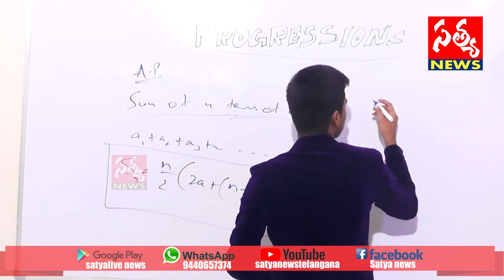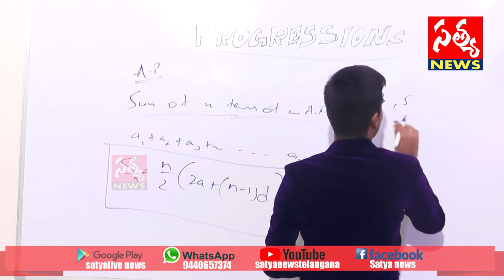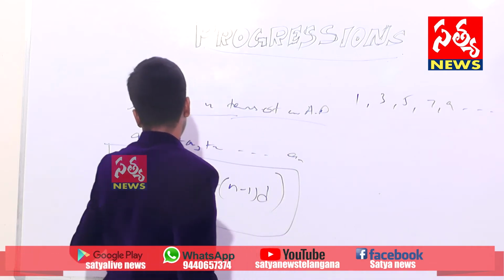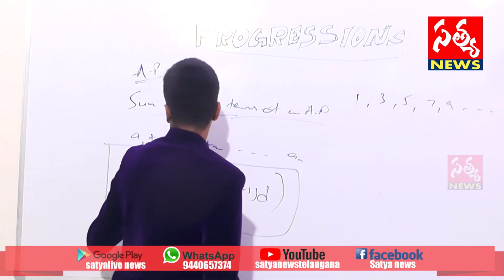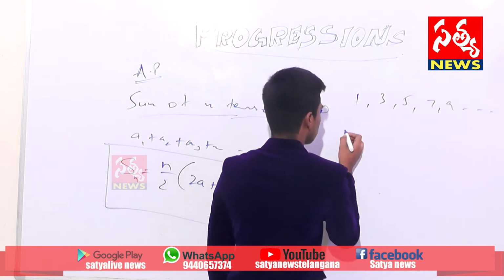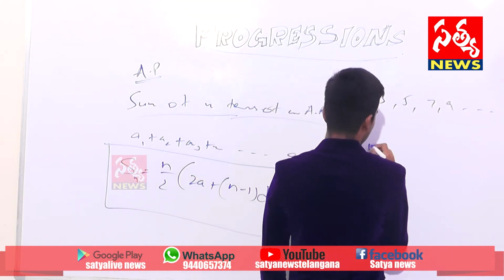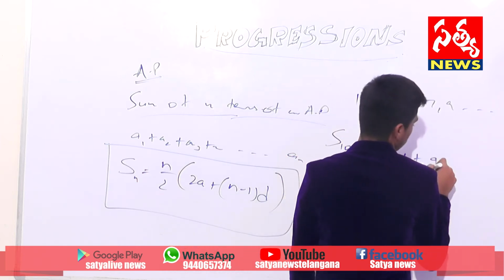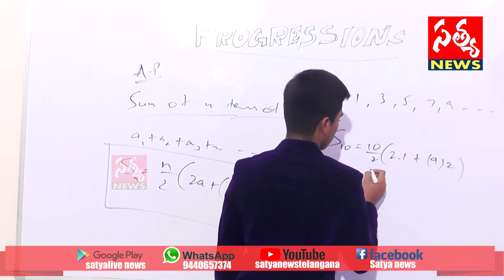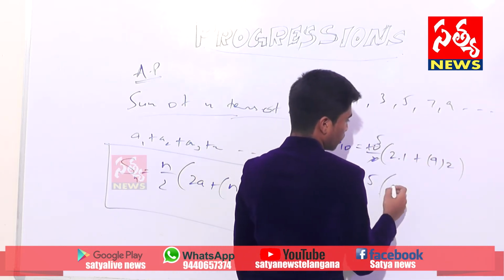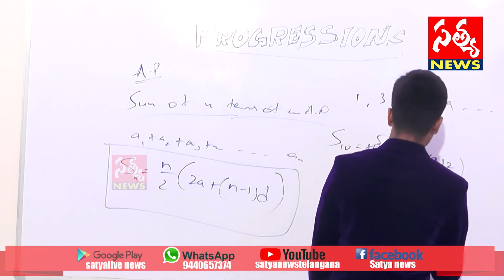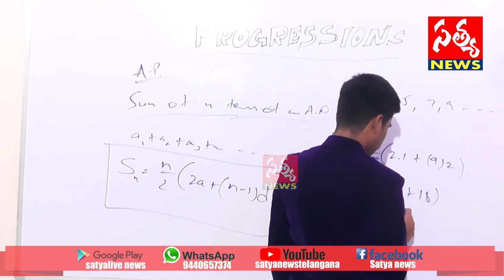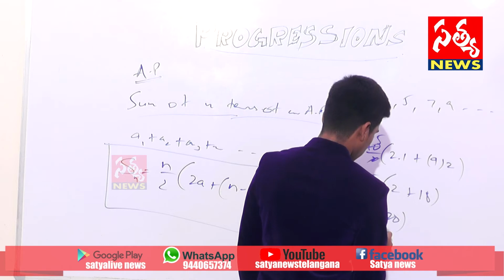Let's solve a problem. I am taking the same example 1, 3, 5, 7, 9, and so on. Similarly, if we want to sum up till the 10th term, our n value is 10. 10 by 2 into 2 into A, which is 1, plus 10 minus 1 is 9 into D, which is 2. 2 5s, 5 into 2 plus 18. 18 plus 2, 20. 5 2s are 10.